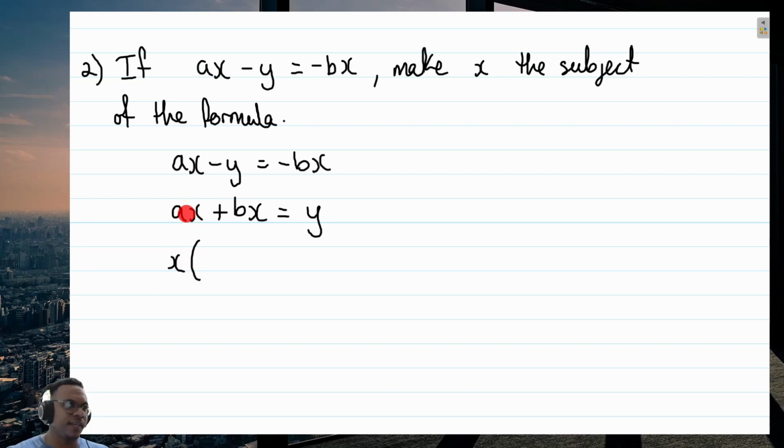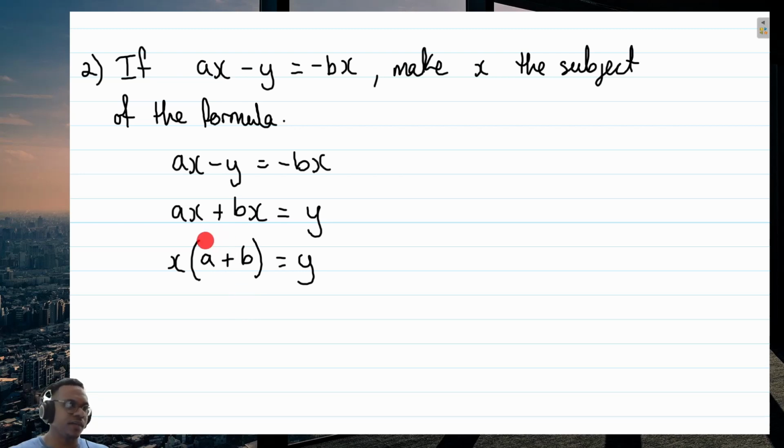So I'll divide AX by X and I'll get A. I'll divide positive BX by X and the X's will cancel and remain with positive B. Now the operation between the X and the A plus B in brackets is multiplication.